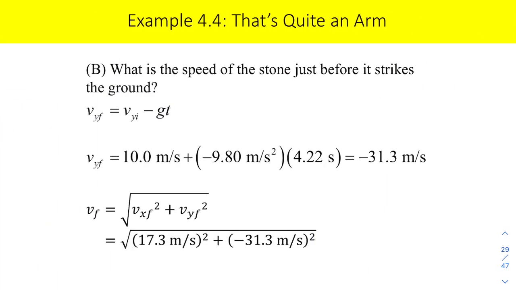B. What is the speed of the stone just before it strikes the ground? Just before it strikes the ground. So v final means, okay, remember again, right? This is your y-axis. This is your x-axis. So your object moving from this to this. Okay.